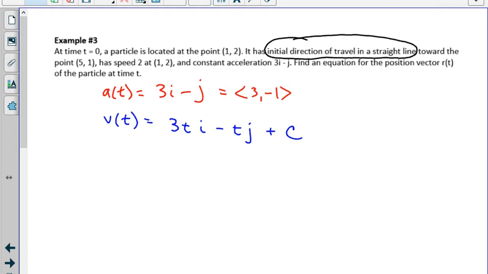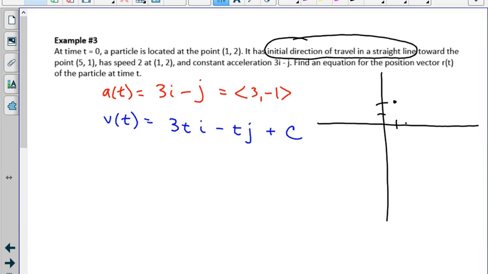Now, one thing that's important in this problem that you have to be aware of is if we are starting at (1, 2), and we are initially heading in the direction of (5, 1), that means that my initial velocity is going in this direction, and it has magnitude 2. So my initial speed is 2, and the velocity has direction headed straight line toward (5, 1).